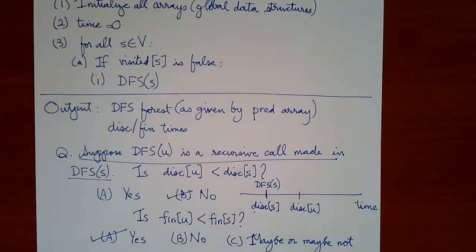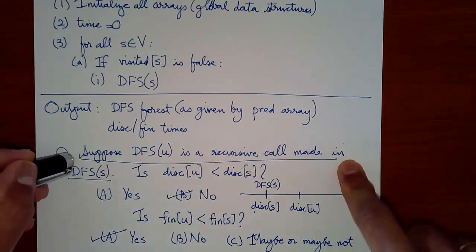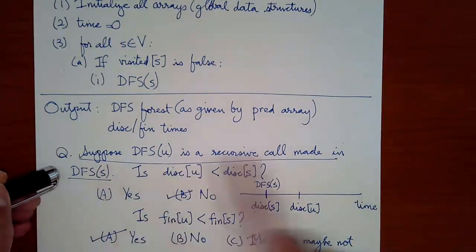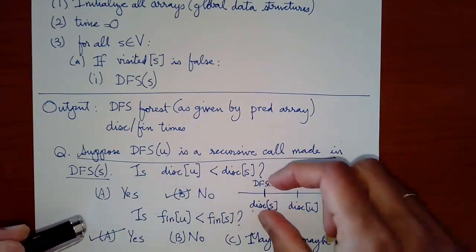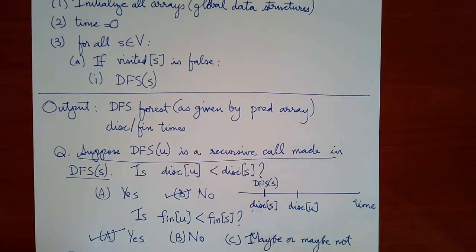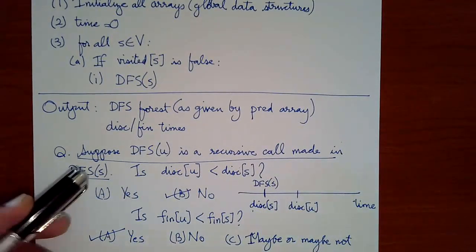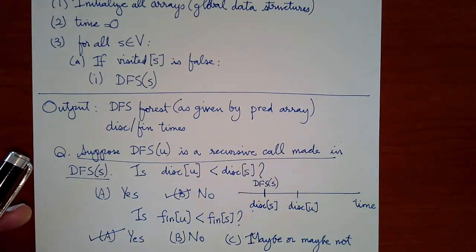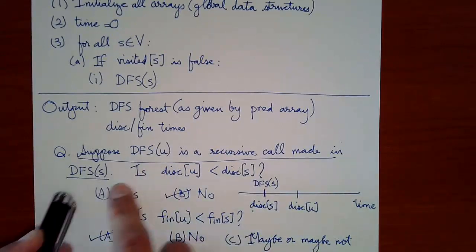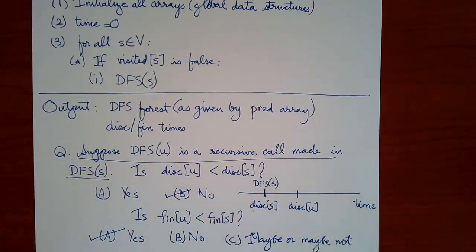I thought maybe S doesn't have any neighbors, so this was under the assumption: suppose DFSU is a recursive call. It's not necessarily that S has neighbors; I'm just saying it's a recursive call made.